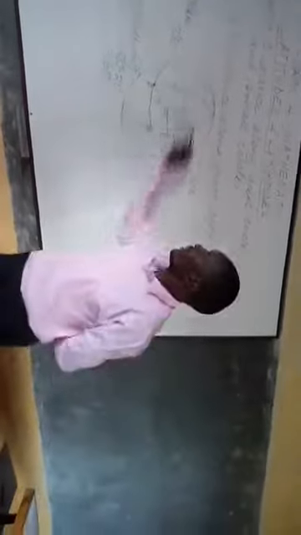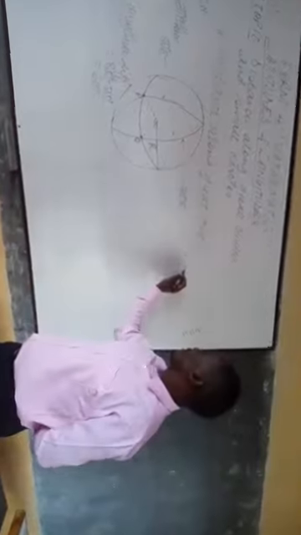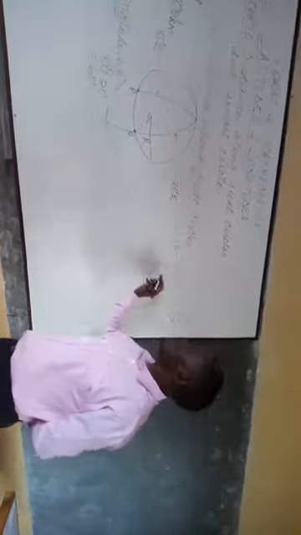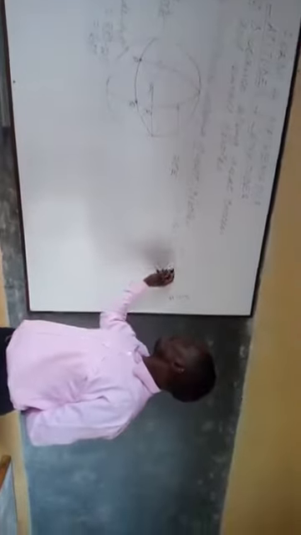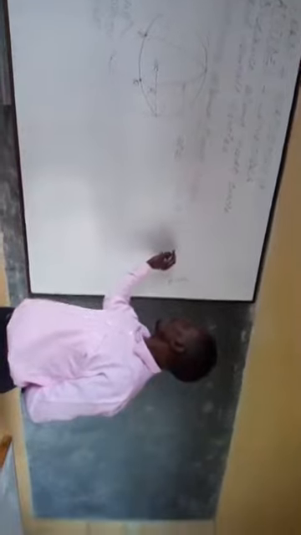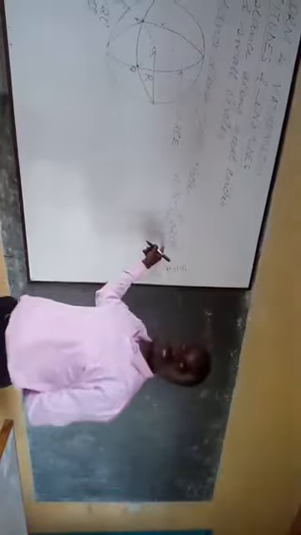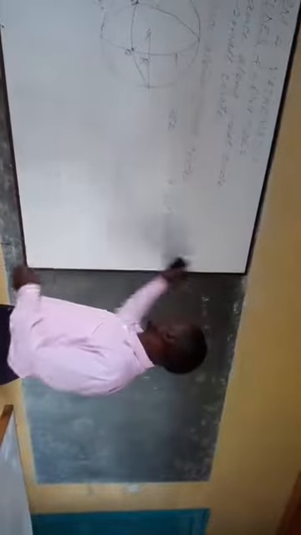So 60 degrees over, now the whole circle subtends 360 degrees at the center. We will multiply that by 2 times pi. You can also be guided on the pi that you're going to use, but for the sake of this one, let's use 22 over 7.